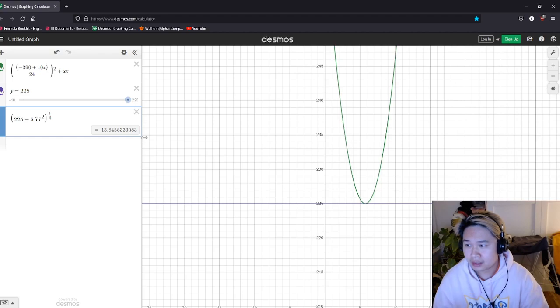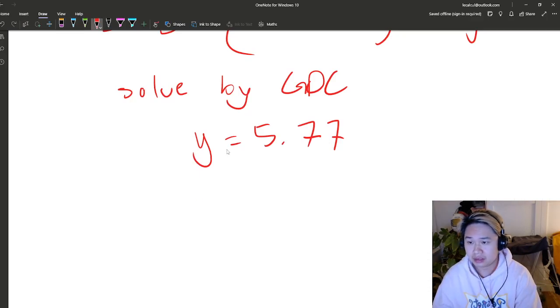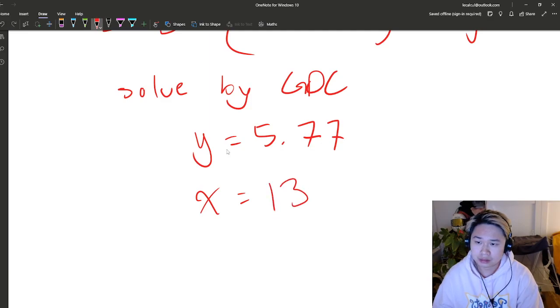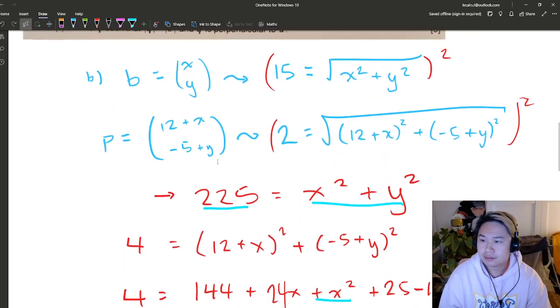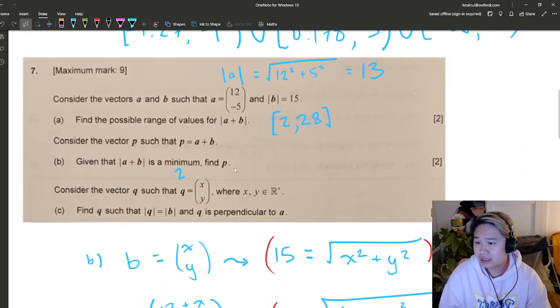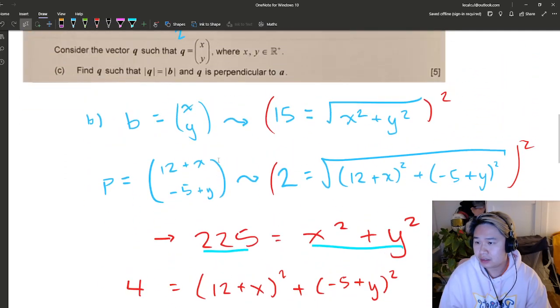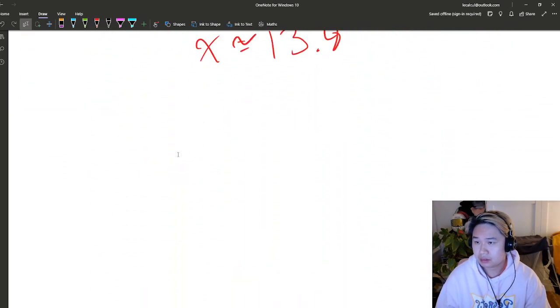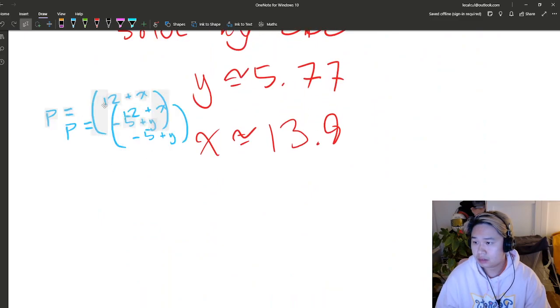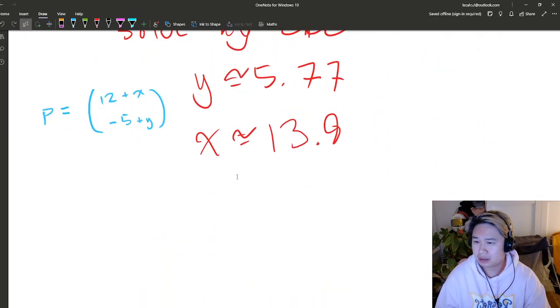So my x value is going to be 13.8, I guess. Let's do the wiggly so that we know that we're rounding. Sure, okay. So then therefore P is going to be this.